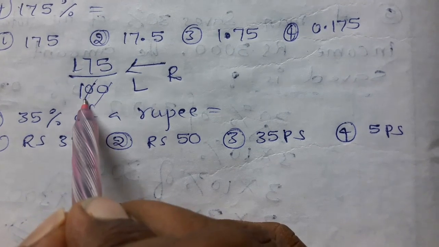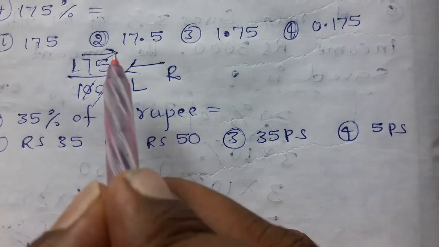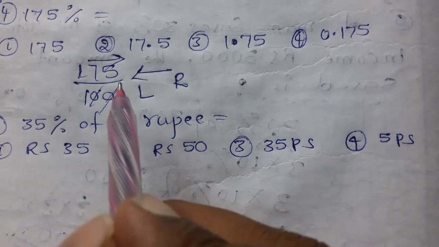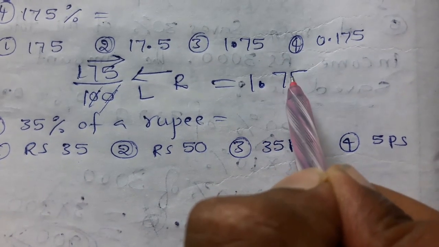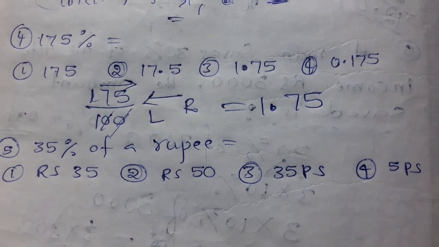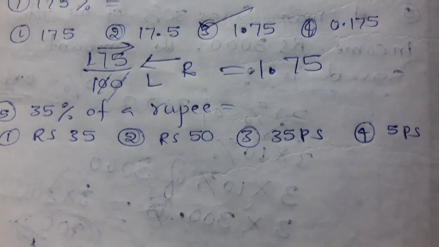How many digits? 2 digits. Means 2 digits move, from left to right. So this becomes 1.75, the right answer of the given question. That means option number 3 is the right answer of the given question.